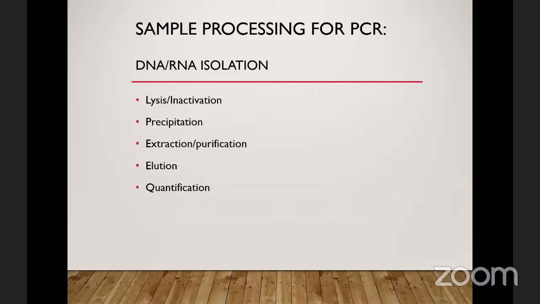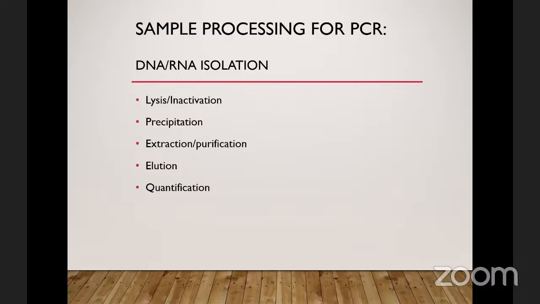There are other methods too. We can have the magnetic bead extraction method, whereby we use magnetic beads in the reagents and magnetic bead separators to isolate our DNA or RNA. We can also have the spin column based extraction procedure.